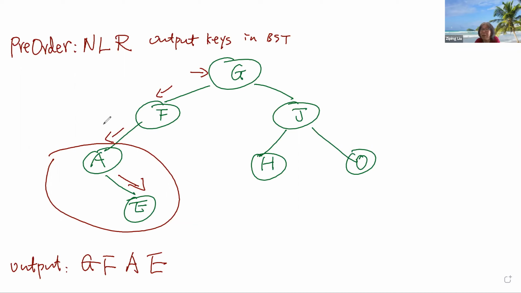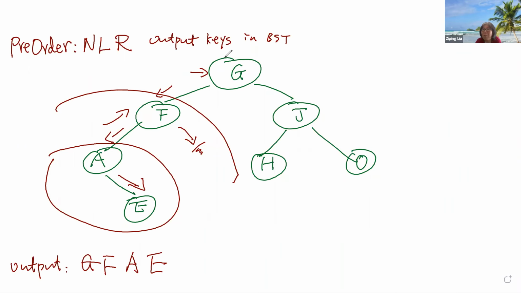Then regarding node F, we already visited it, its left subtree also visited. What should you do? You should go to the right, but the right is empty. So you don't need to worry. Now F is done, its complete subtree is done.